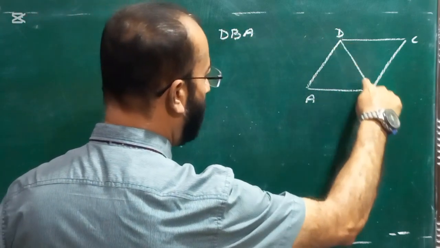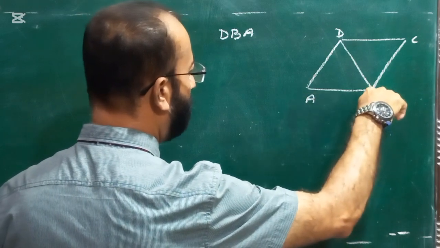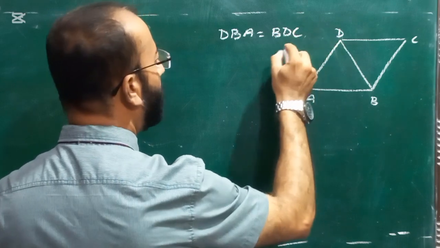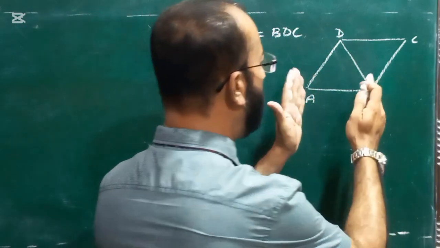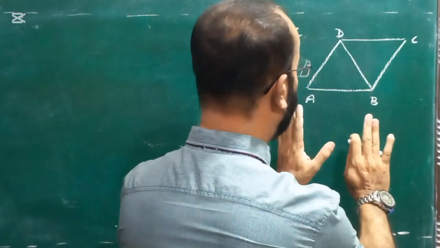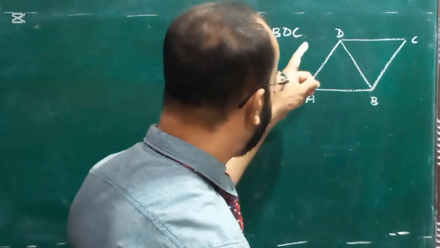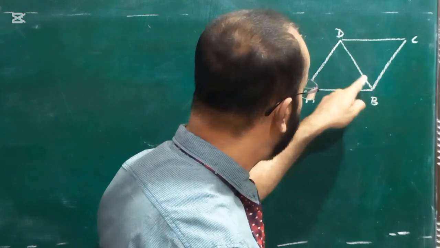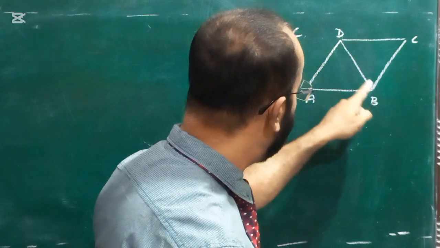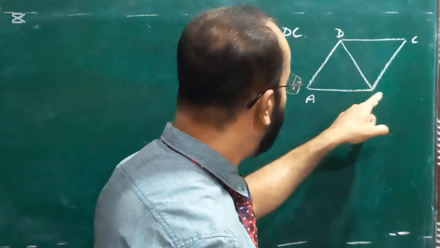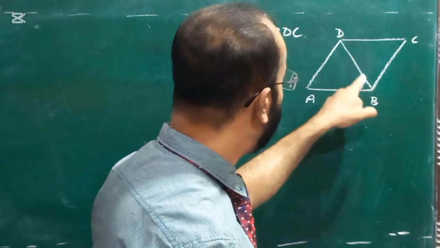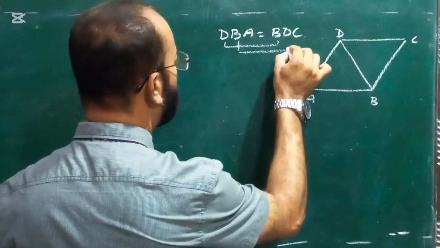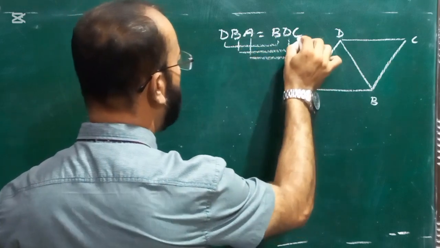So if we have taken the part DBA, that will be equal to BDC, because these two triangles are actually attached with each other invertedly. So if we are going from upper to lower, then in this triangle we have to move from lower to upper. So look now, the path DBA. In the second triangle, the corresponding path will be BDC. So it means D is corresponding to B, B is corresponding to D, and A is corresponding to C.